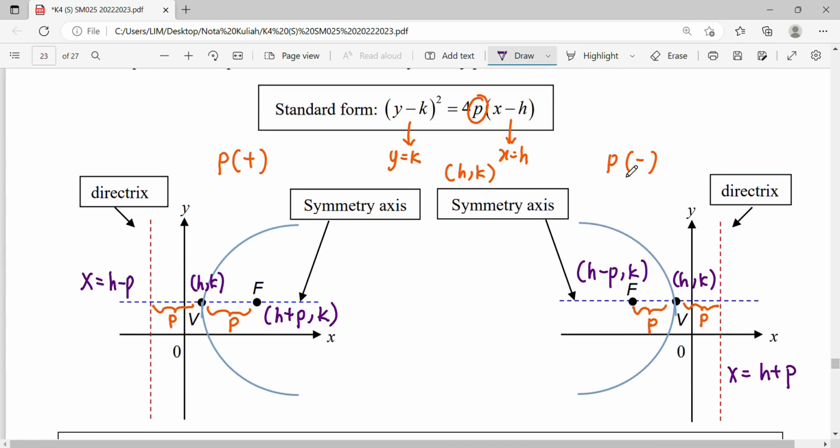Therefore, the plus and minus p operations here refer to the p units. The positive and negative is for the direction, open to the left or open to the right. So when p is negative, I won't take the negative in the calculation; I will take its units only. The negative is just for us to know the direction, that the parabola opens to the left.